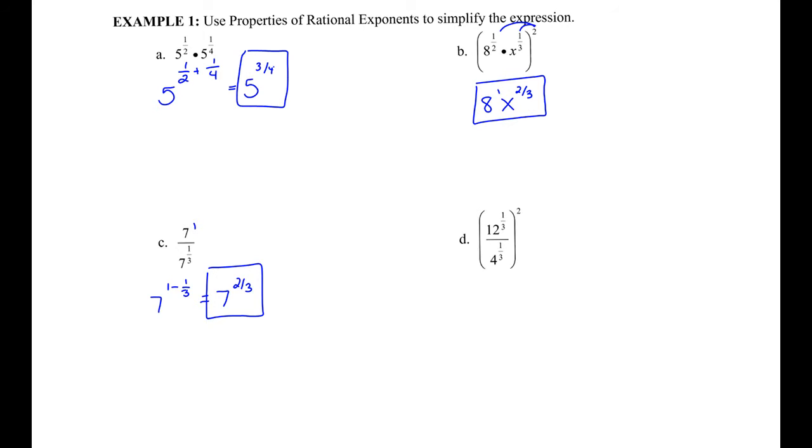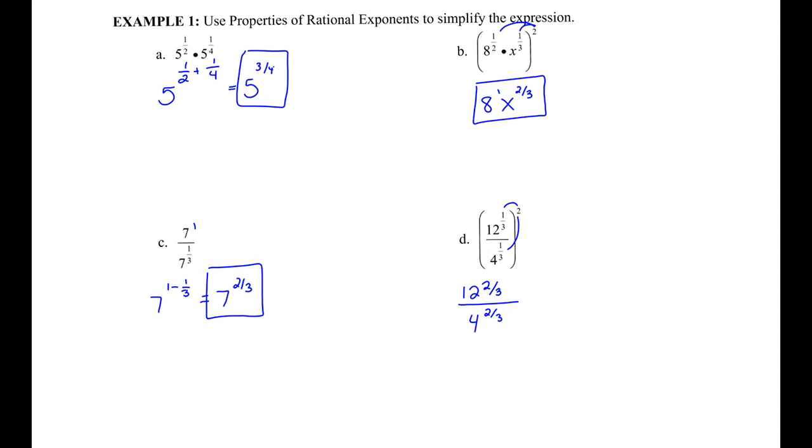And the last one that we're going to look at together, example D, we're going to start by distributing that 2 to both parts using the power of a quotient property. So I get 12 to the power of 2 over 3 over 4 to a power of 2 over 3.